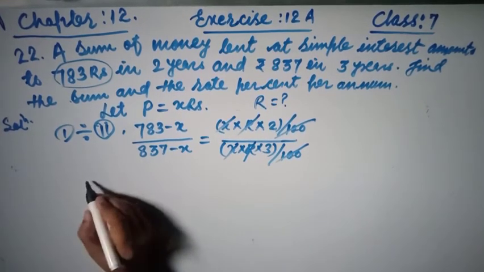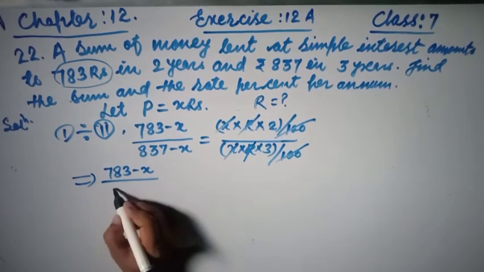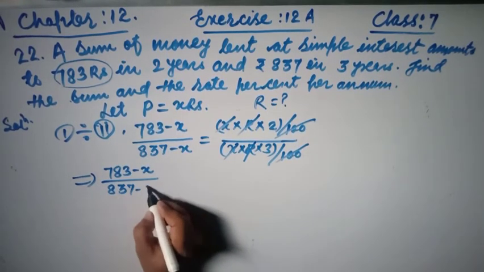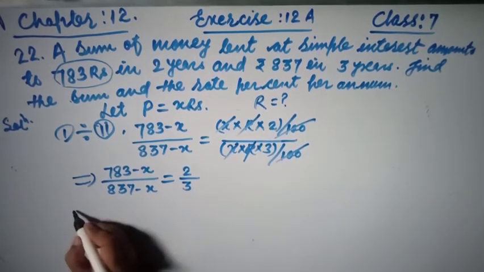Here write the left hand side: 783 minus x divided by 837 minus x is equal to 2 divided by 3. Now cross multiplication friends.